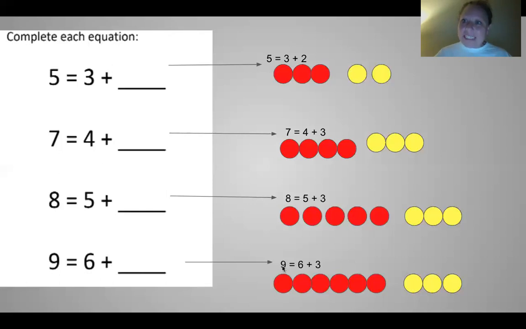So what do I need to add to 6 to get to 9? I'm going to use the count on strategy. 6, 7, 8, 9. I had to add 3 more counters to get to 9. Let's read the new equation now. 9 equals 6 plus 3. Good job, friends.